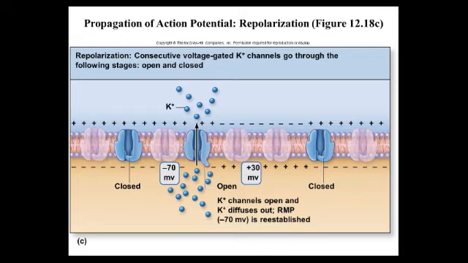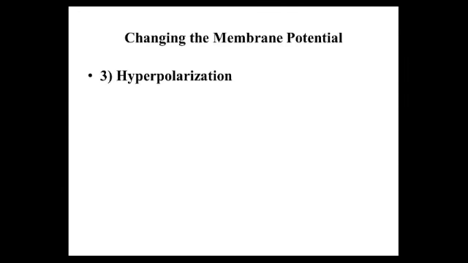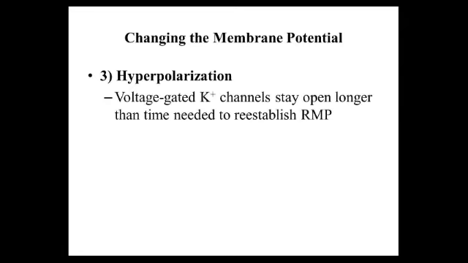Just like in the muscle? Yep, we used the same word for it, didn't we? Same phrase. Now, those potassium channels are going to stay open ever so briefly longer than we need them to, so that a little bit extra potassium moves out than just to get to the minus 70.